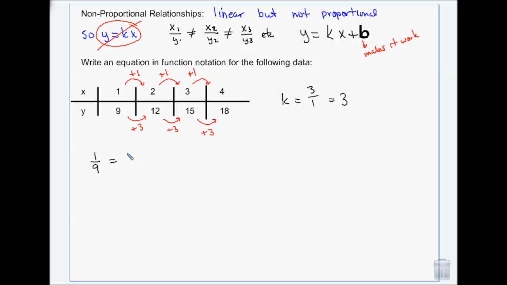But 1 over 9 does not equal 2 over 12, because 2 over 12 is 1/6, if I reduce it. It also doesn't equal 3 over 15, because if I reduce that, I get 1/5. So this is not proportional.